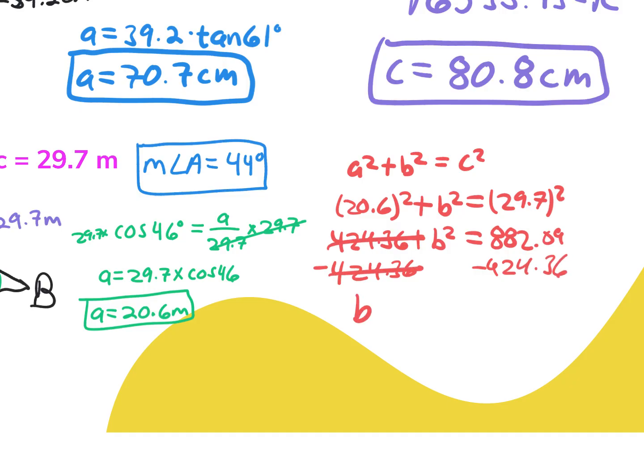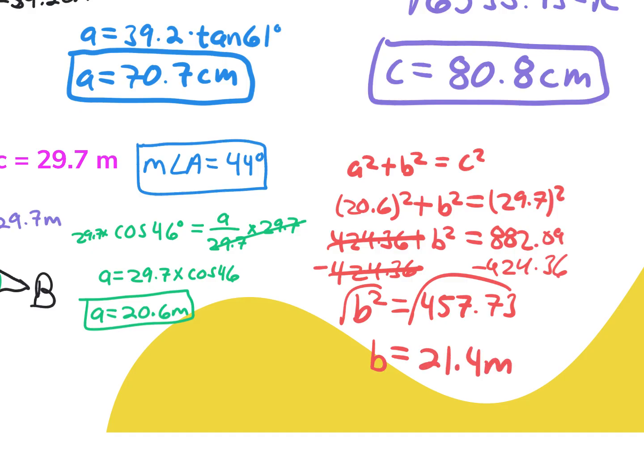All right. And then when we do that, we should get B squared is 457.73, and then you have to square root both sides. And then when you square root both sides, we should get side B is 21.4 meters.